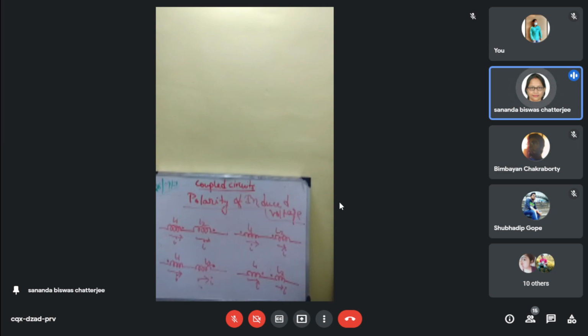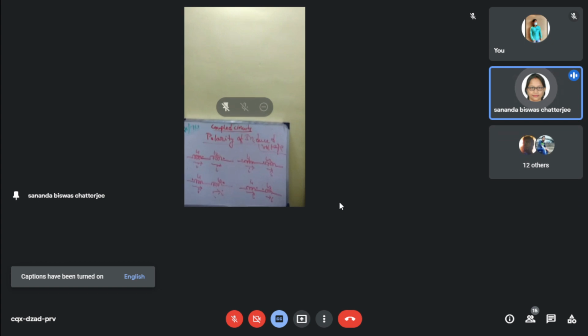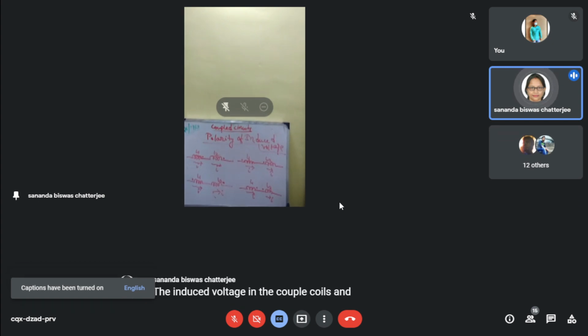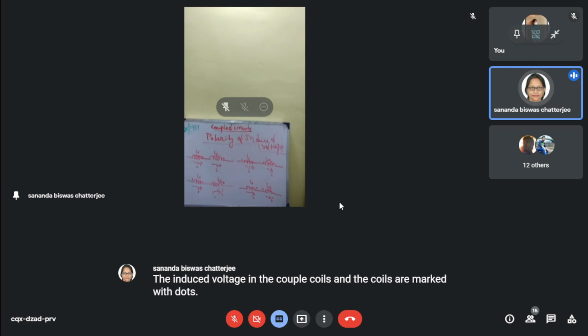Everybody please note in your copy, by points also you can note: to determine the relative polarity of the induced voltage in the coupled coils. The coils are marked with dots.